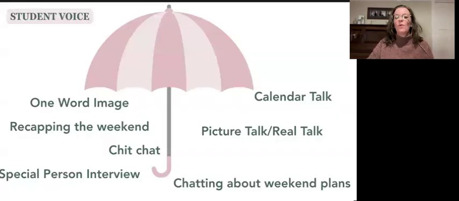Picture talk, or as I've just recently heard it being referred to by Reed Riggs as real talk, is also another fabulous way to incorporate lots of meaningful conversation, and also to shine a light on some cultural topics.